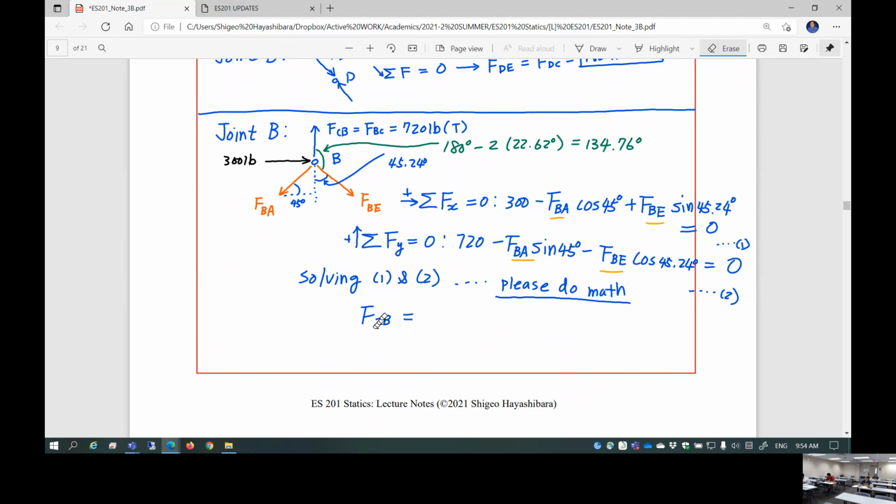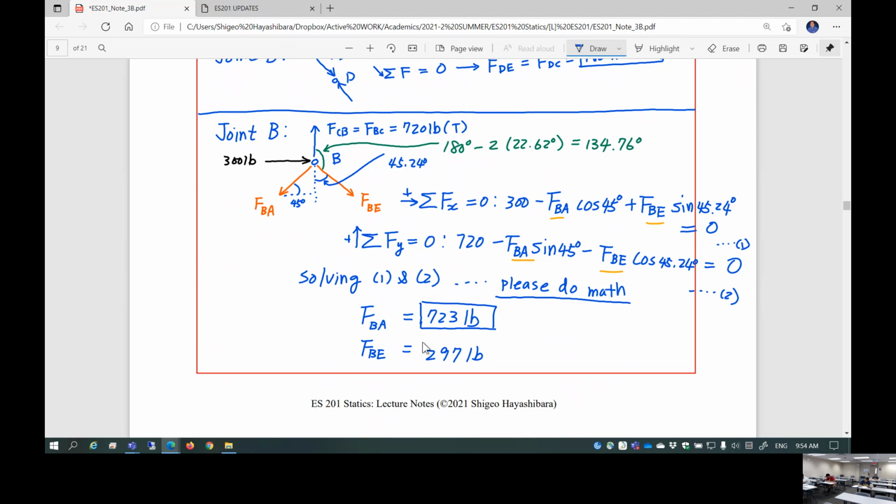Please do your math. If you solve those two equations with two unknowns, you can get FBA and also FBE. You should get FBA 723 pounds. You should get FBE 297 pounds.